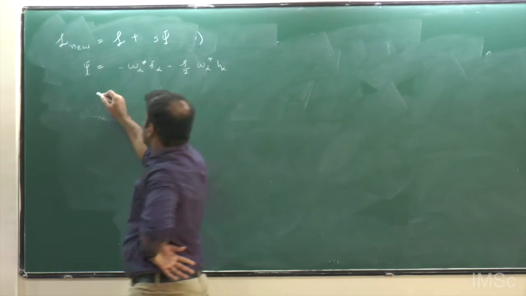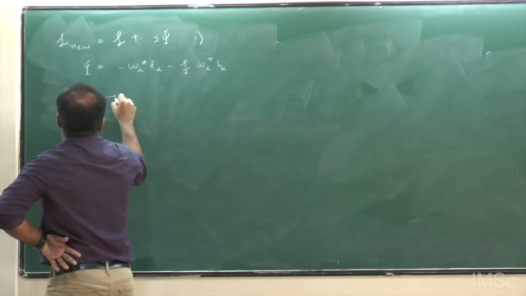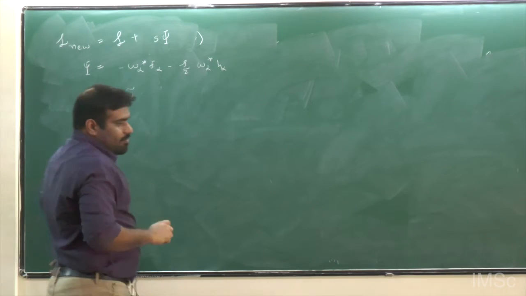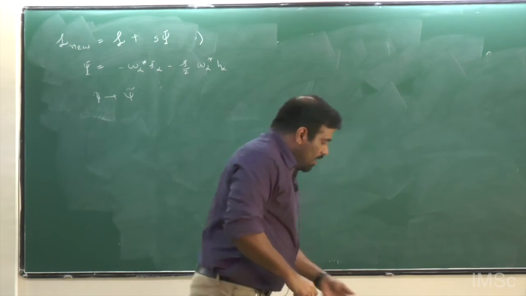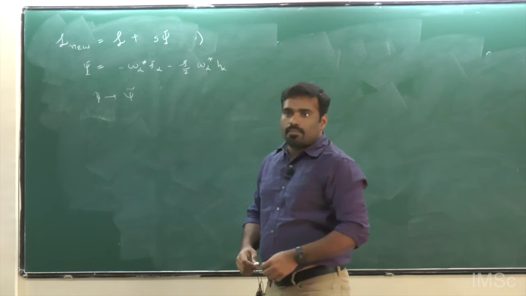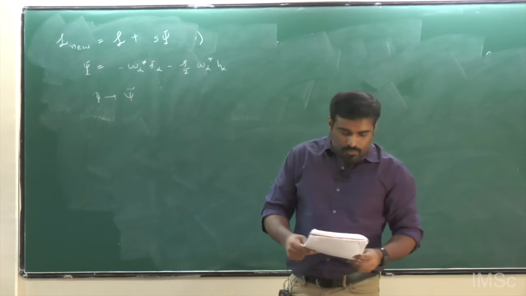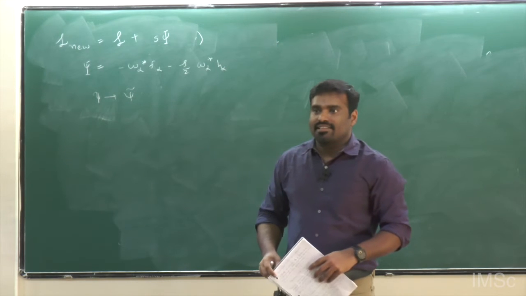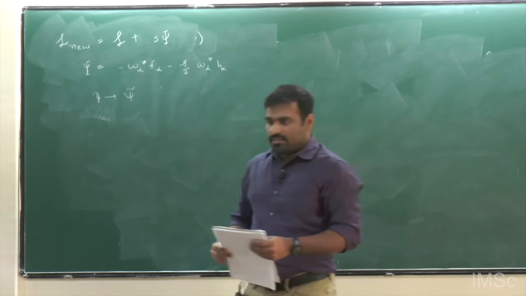So changing psi to psi tilde will again give you a consistent point to start quantizing your theory. BRST symmetry is not the end of the quantization, it's actually the beginning of the quantization.